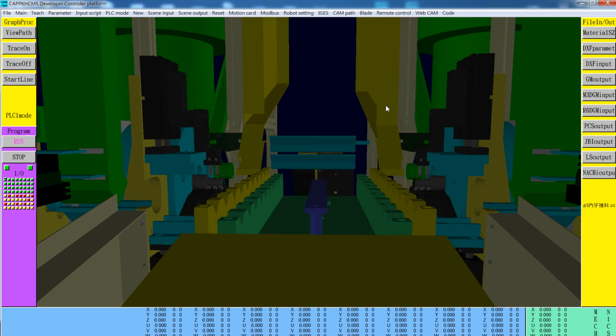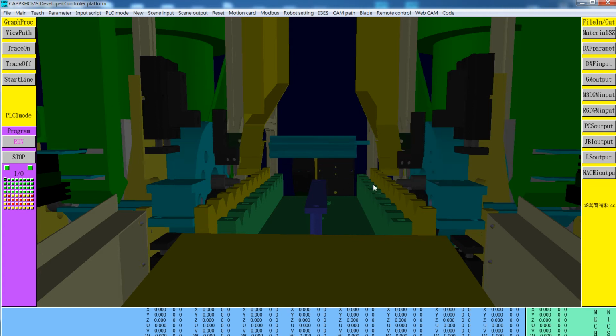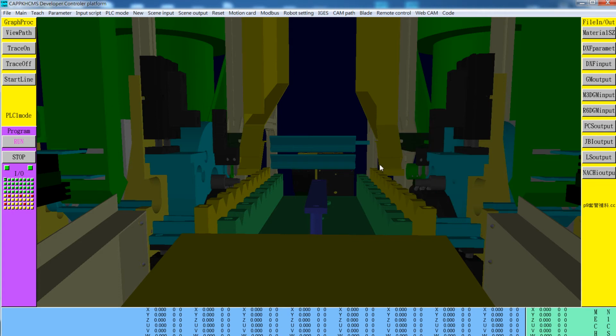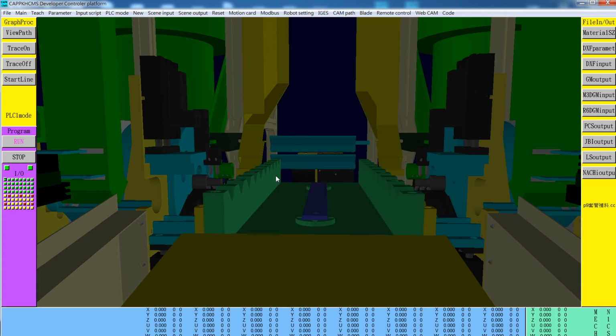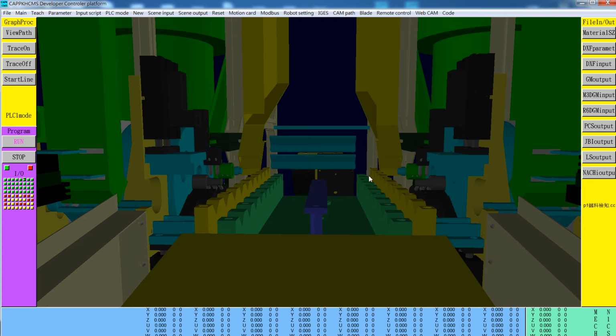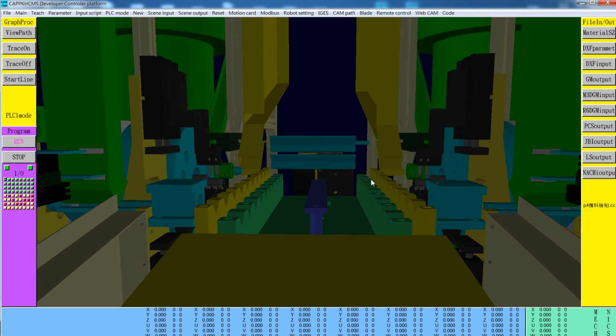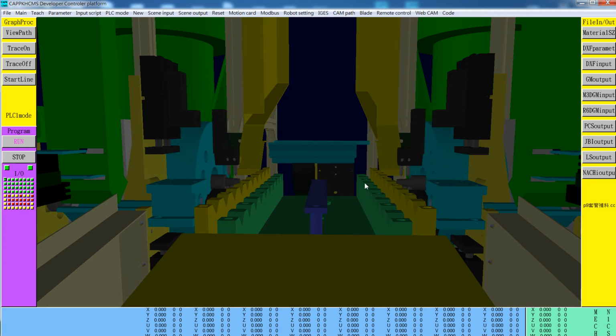You may wonder why there aren't any parts in the simulation. This is what we want to explain. Don't you see the machine working slowly? It takes one cycle almost 2 minutes.